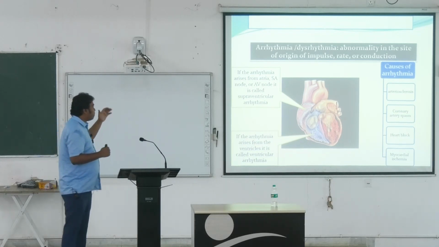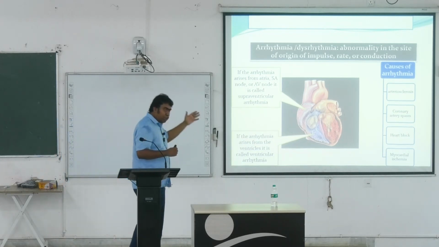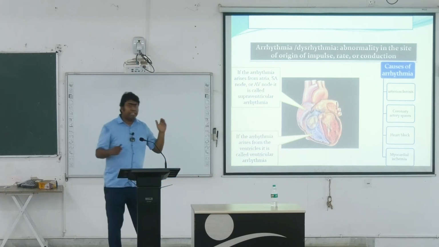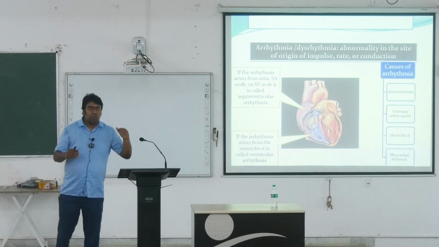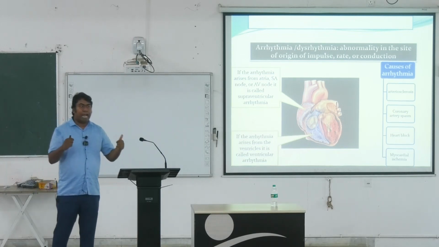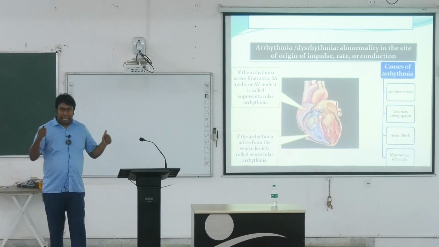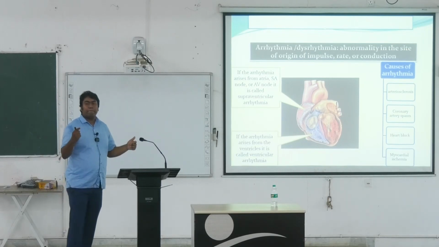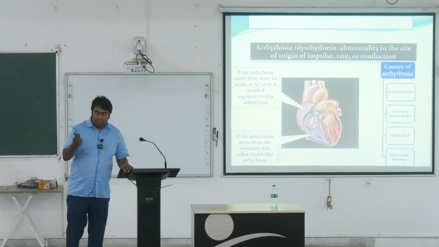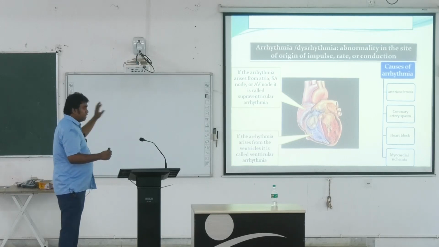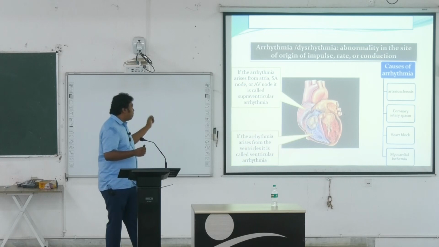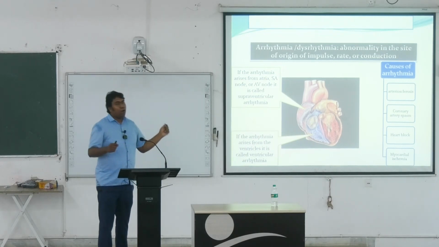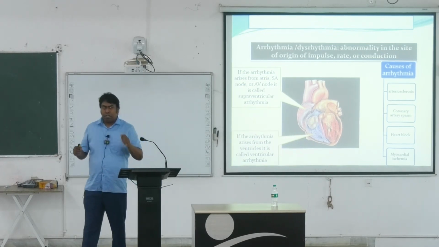If it is generated from the atrium, SA node or AV node, it is called supraventricular, whereas if the impulse is generated from the ventricle, it is called ventricular arrhythmia.